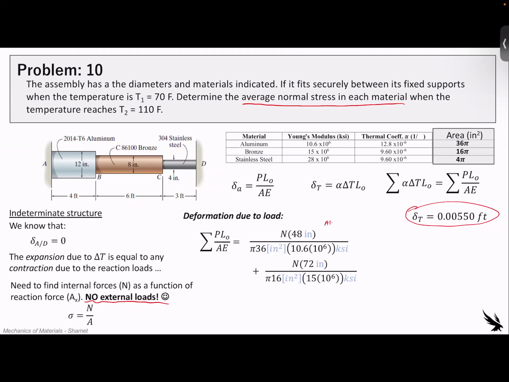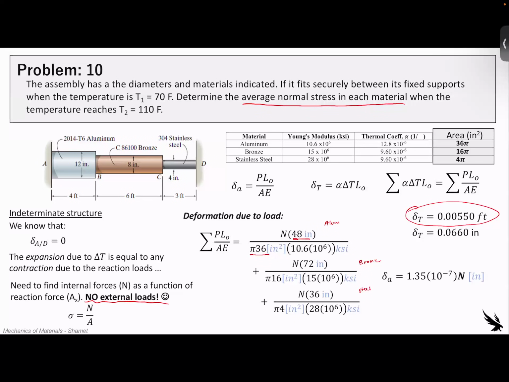So again, this is aluminum in this one, this is the bronze, and then this is the steel. And so you can see the lengths are shown here, and then we have the diameters or the areas here. And so the total axial deformation based off of the force is 1.3 times 10 to the negative 7.